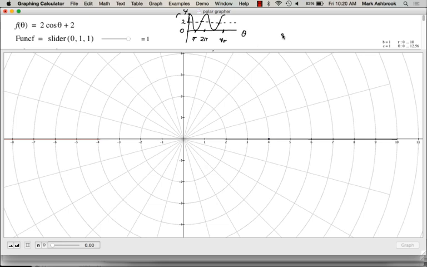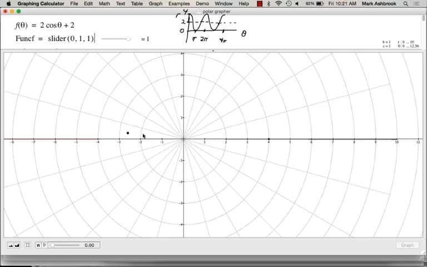Okay, so you ask yourself, as theta goes from 0 to pi over 2, what does r do? It goes from something to something. And then you have to imagine that angle increasing through that interval and r changing along that terminal ray. So as theta goes from 0 to pi over 2, what does r do?